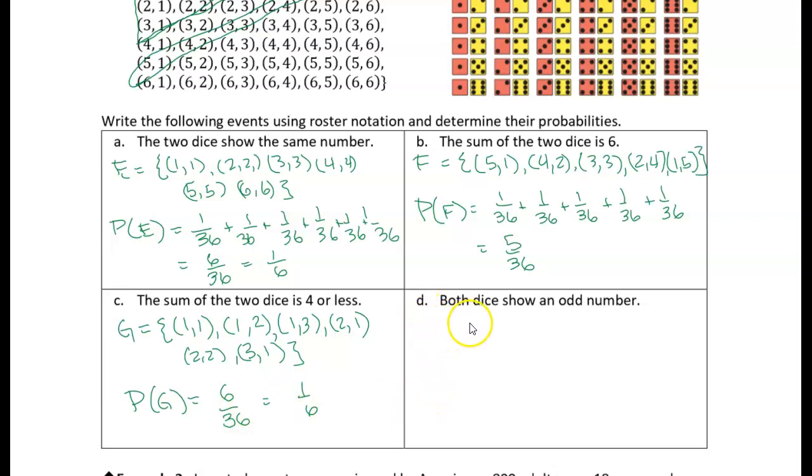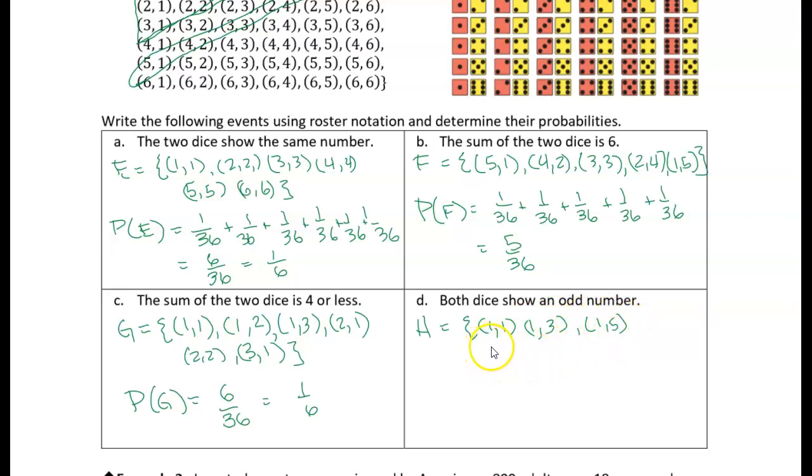This last event is the case where both dice show an odd number. Let's define this as event H. We're looking for all the cases where we have an odd number on both dice. Let's just list them. 1 and 1 gives us 2 odd numbers. 1 and 3, 1 and 5.